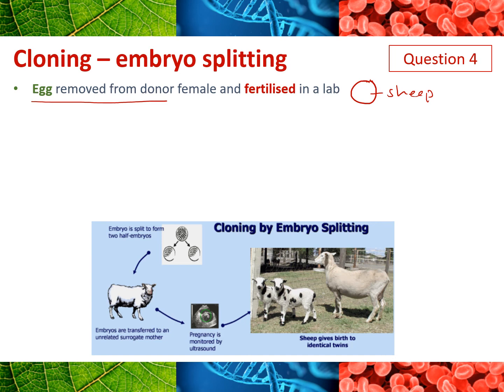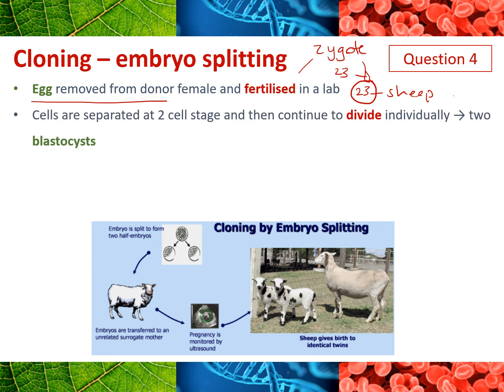I think it is different for sheep, but let's say there's 23 chromosomes in that egg, and then it's fertilized in a lab by a sperm that has 23 chromosomes, so we end up with a zygote. So the same that would happen, it's just happening artificially. That zygote is going to start separating, just as it would in normal fertilization. So it'll divide by mitosis and form a two-cell stage.